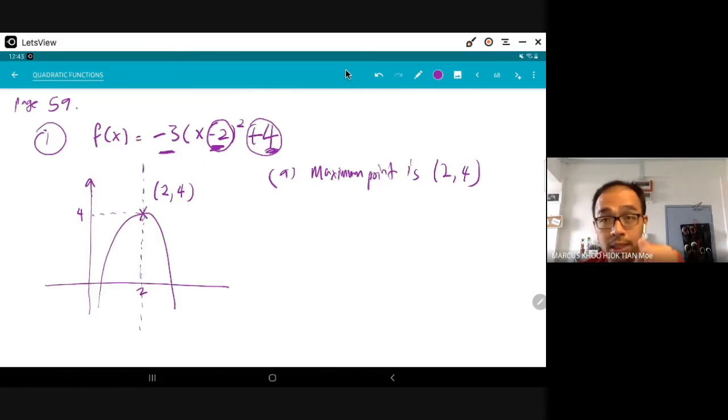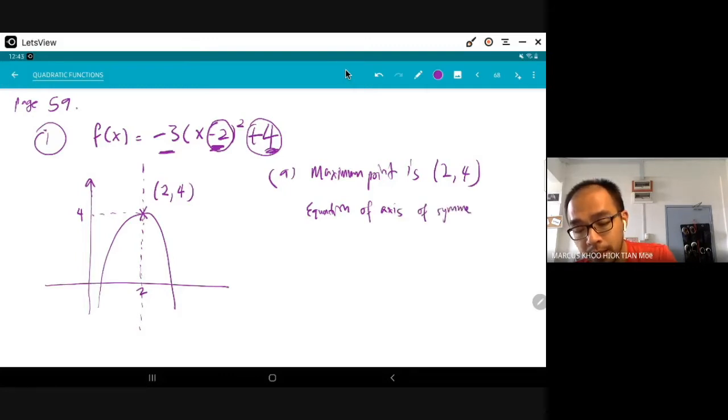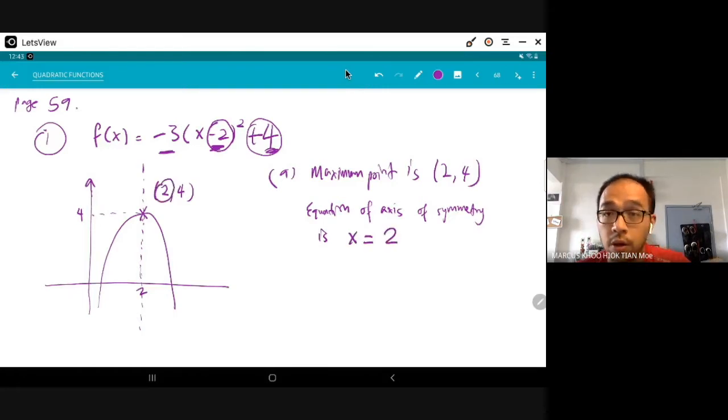So the axis of symmetry is a vertical line where the maximum or minimum point is. So the equation of axis of symmetry, paksi symmetry, is x equals to 2, because this is the coordinate of x.